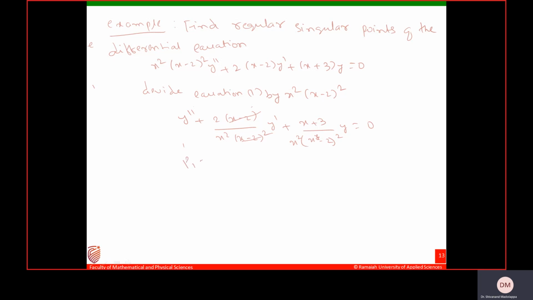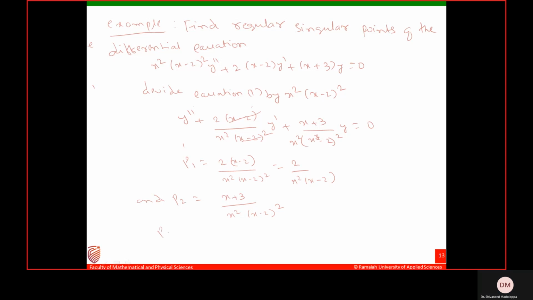Then here we get the P1 value will be 2 into x minus 2 divided by x square x minus 2 whole square, which is equal to 2 divided by x square into x minus 2, and P2 is equal to x plus 3 divided by x square into x minus 2 whole square.